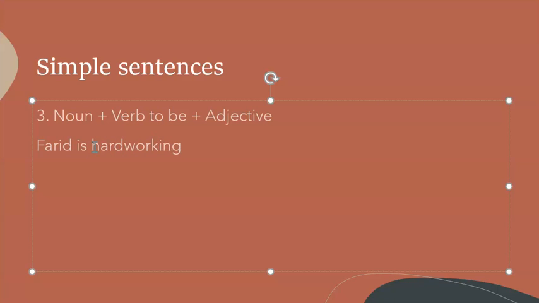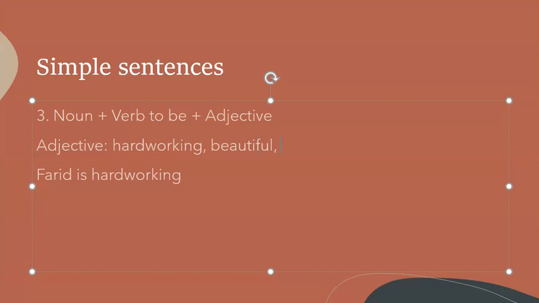So what is an adjective? An adjective is something that describes the noun. Examples of adjectives could be, like I gave you here, hardworking, beautiful, expensive, difficult.